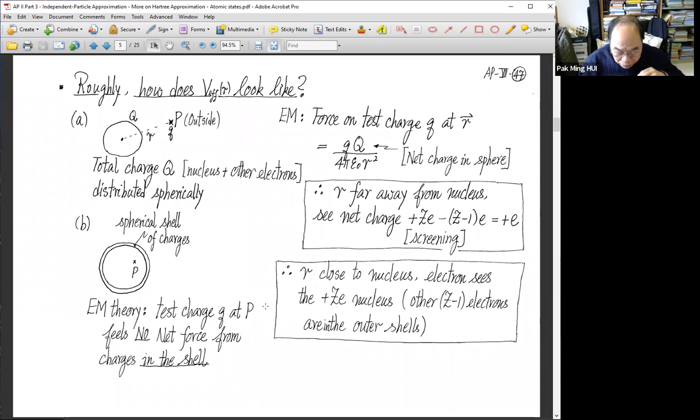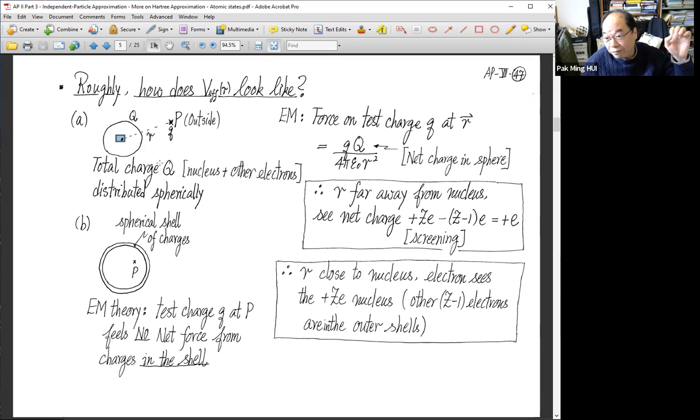So now I would like to claim some electromagnetic theory result. If you have a test charge very far away from all the other charges, you will see all the charges spherically distributed as if they are at the center.